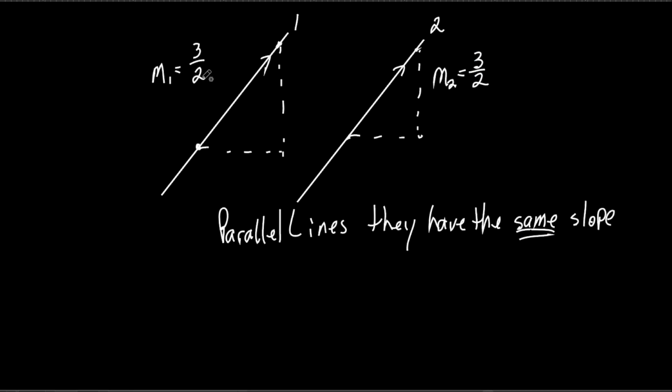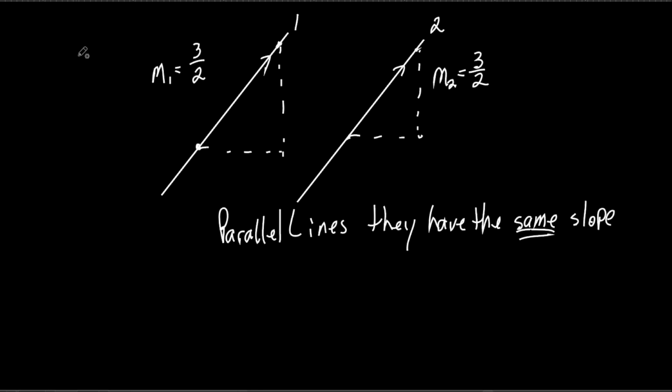So if I told you the slope of this one, and if I told you that the lines are parallel to each other, then they have the exact same slope. They're not always just going to tell you the slope. They're going to give you some points, and you're going to have to figure out what the slope is. We'll do the example in a minute. I got one more thing to talk about before we get to the example.